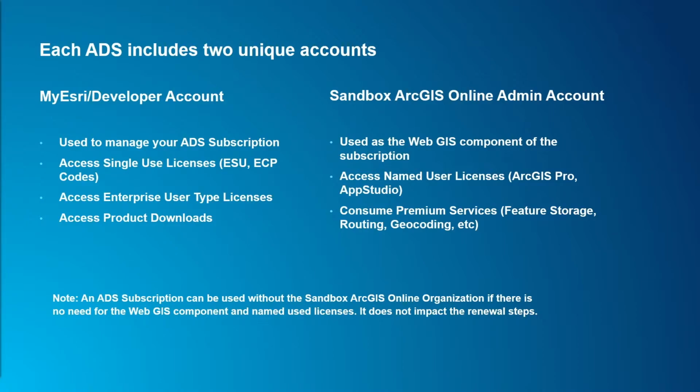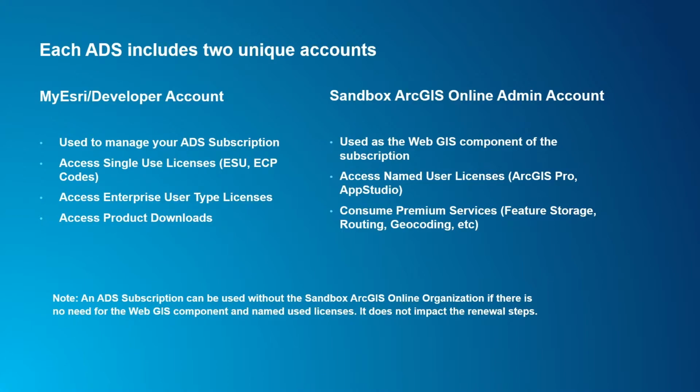It also gives you access to consume premium services through credits, which would be feature storage if you're publishing feature services or tiled services to your WebGIS, as well as routing or geocoding.